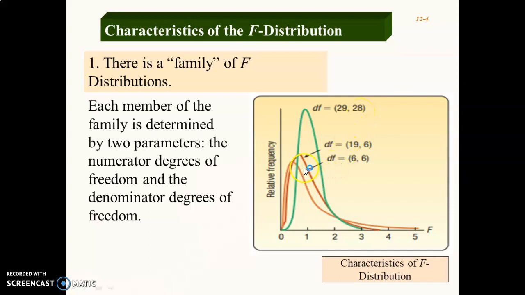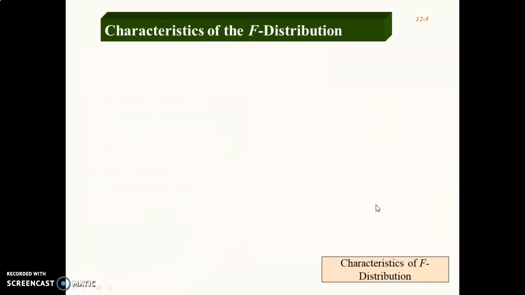There is another F distribution with 19 degrees of freedom in the numerator and 6 degrees of freedom in the denominator. Another distribution has 6 degrees of freedom in the numerator and 6 degrees of freedom in the denominator. As you can observe, the shapes of the distribution change as the degrees of freedom change.